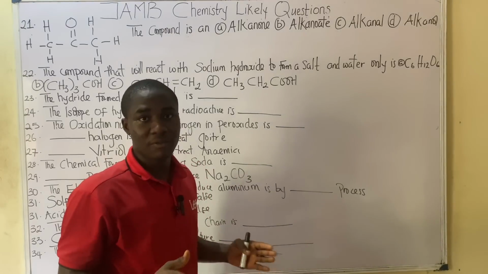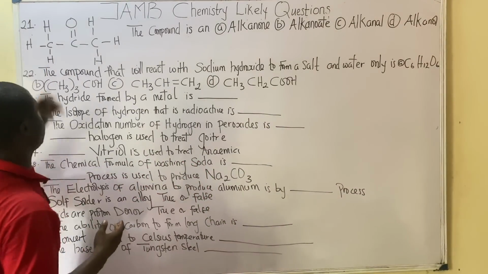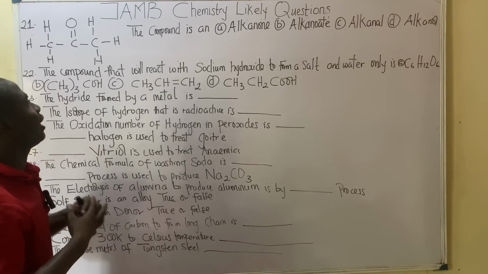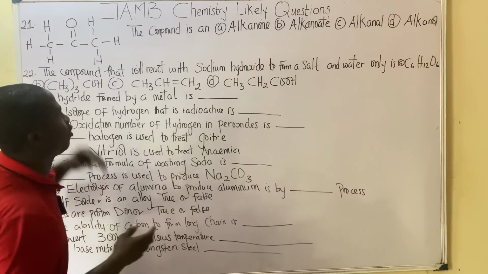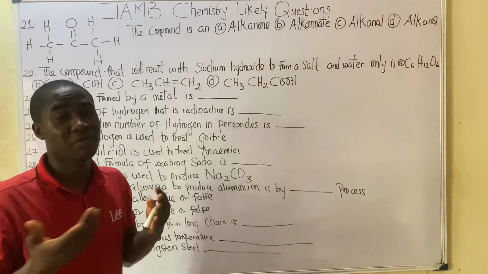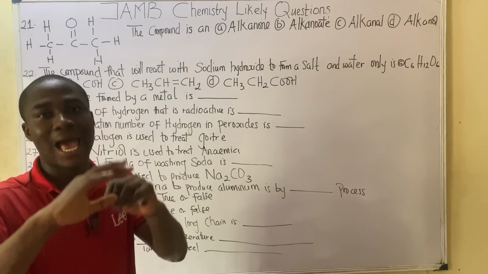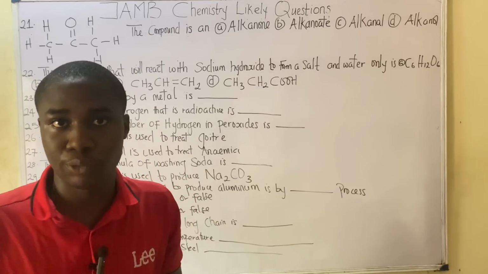Okay guys, moving further, let's get into the next practice question, which is question number 21. It says the compound is an, so they're asking us what compound this is, what family this compound belongs to. It's very easy. Once I say a particular compound, I actually know the family to which the compound belongs, due to the fact that I understand the different groups of organic compounds, their homologous series.